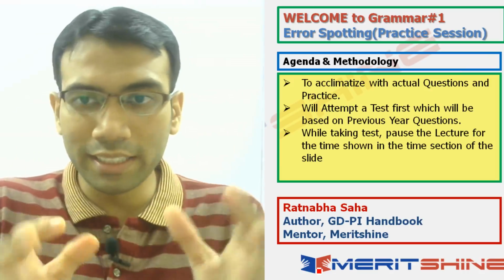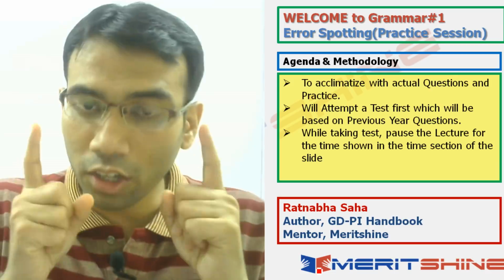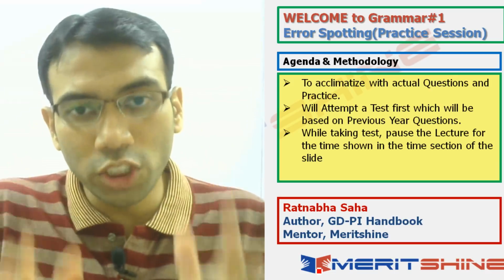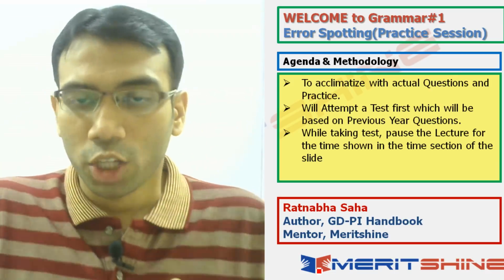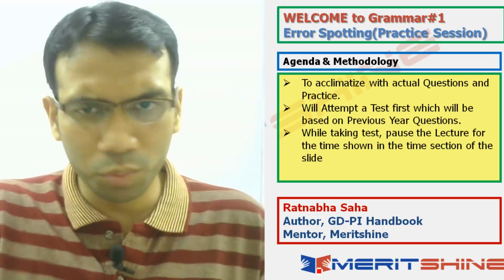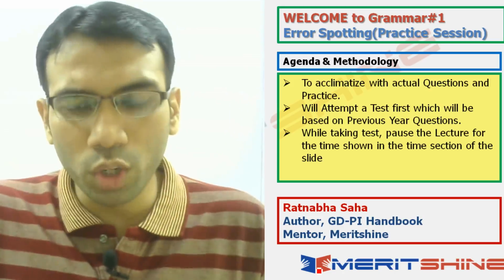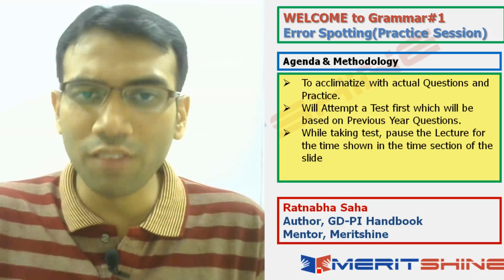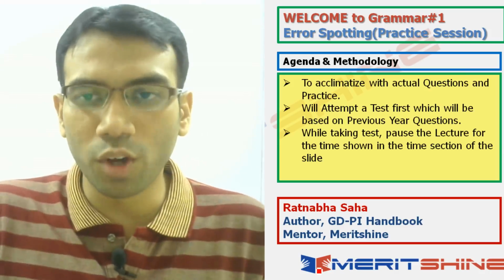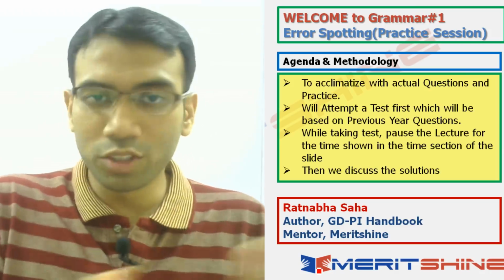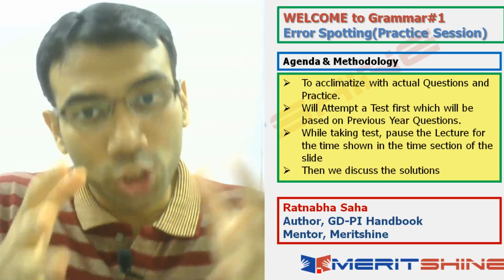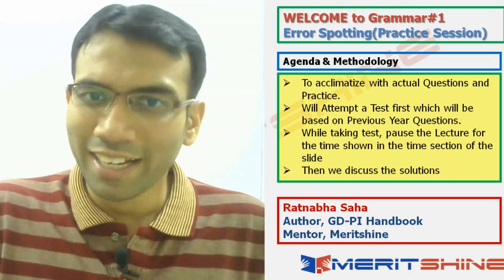While taking the test, you need to pause the lecture for the time shown in the slide so you don't overshoot on the time. You just pause it, go through the question, try the question by yourself, and then you resume the video, where I will discuss the solutions of those questions in detail.